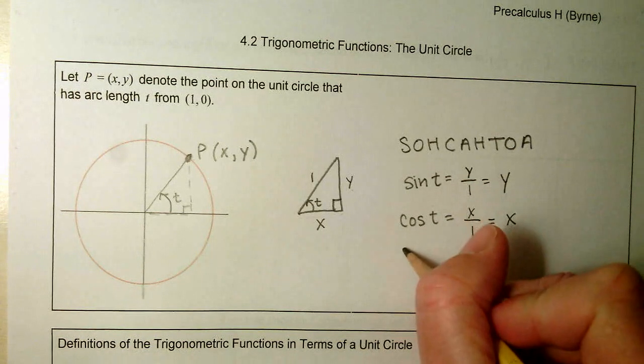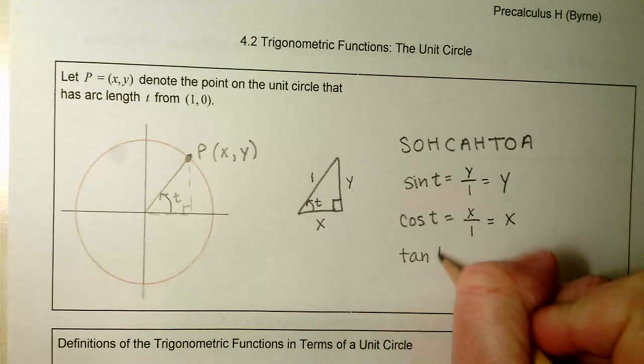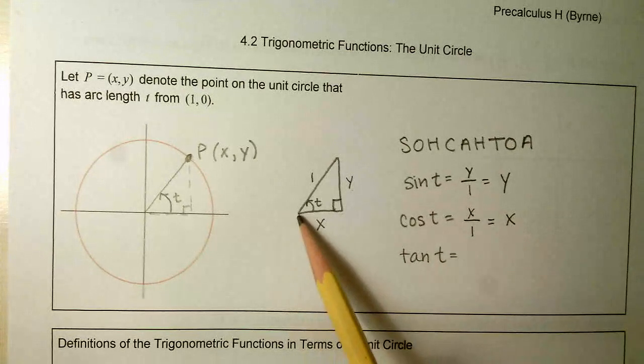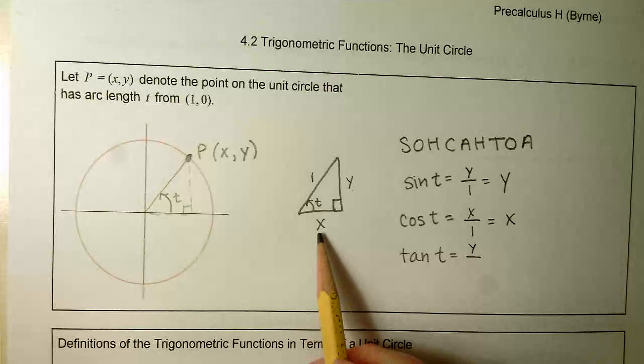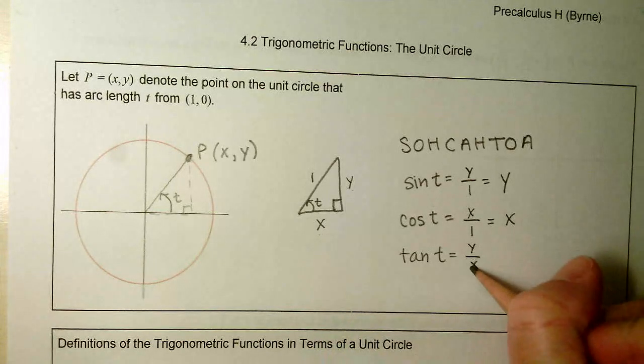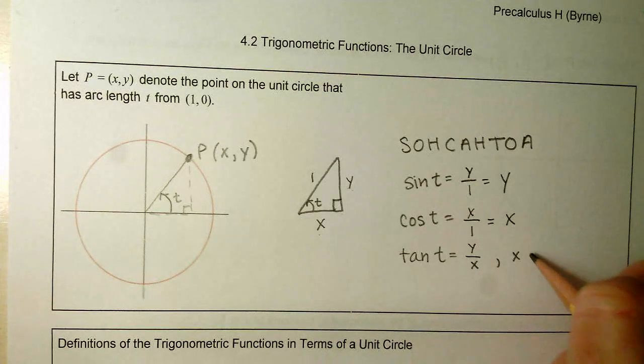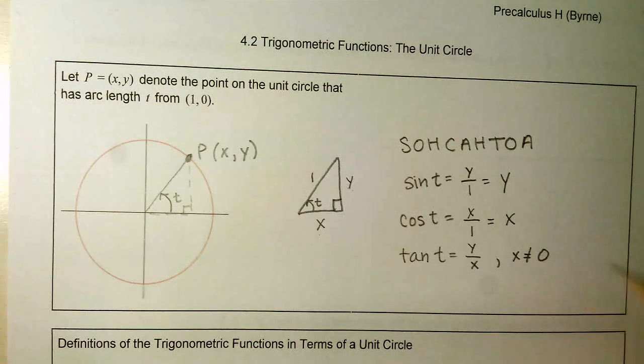And our tangent of t is going to be our opposite, y, over our adjacent, x. And the important thing here is that x cannot be equal to 0.